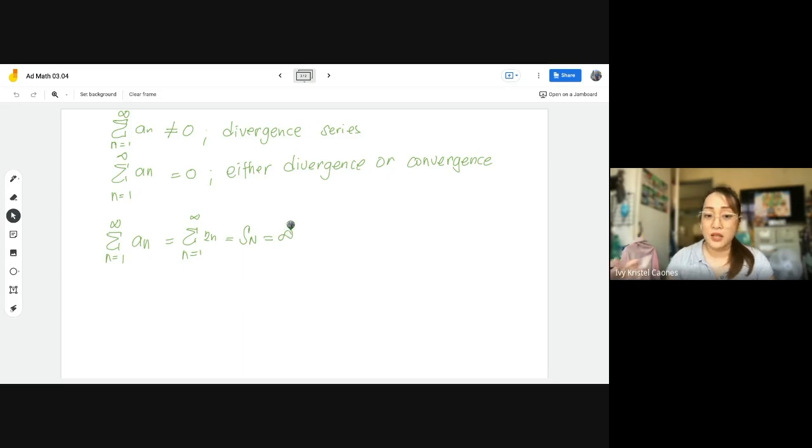Walang katapusan yan. Even if you add infinity plus a number plus a number plus a number, it's still infinity. Divergence series. Infinite means not a constant. We just don't know kung ano yung magiging value nun. So if you put 100, then that is 200. So there will be a definite value for this specific S of n.